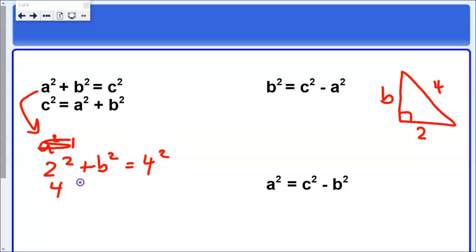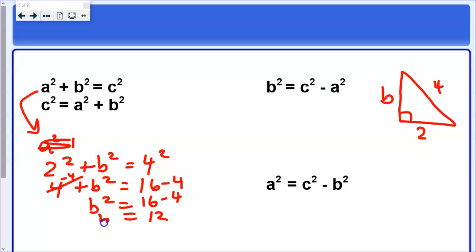So we'd have 4 plus B squared equals 16. And this is where we'd have to subtract this 4 and do that over here. Those cancel out. B squared equals 16 minus 4, which is 12. Take the square root, and B equals whatever the square root of 12 is.